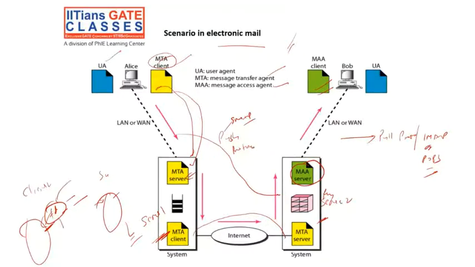Then the connection is established and information is sent. After that, we close the file descriptor. So these are just programming files. We call this a message transfer agent and message access agent. That's it. So simple: open the socket, send the data and close the connection, following the rules of the protocol.